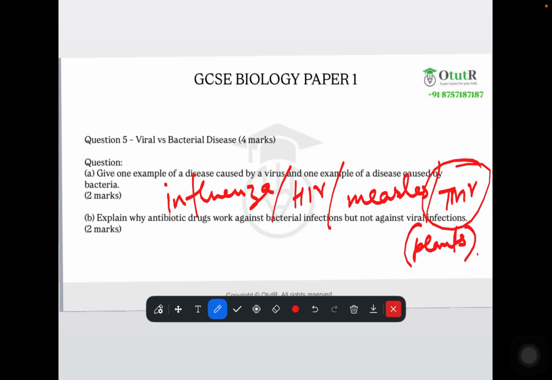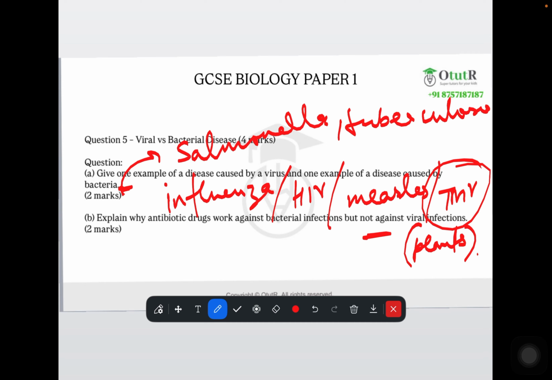Explain why antibiotic drugs work against bacterial infection but not against viral infections. Oh, just a minute. For bacterial disease, we have salmonella, tuberculosis, strep throat, and many others.